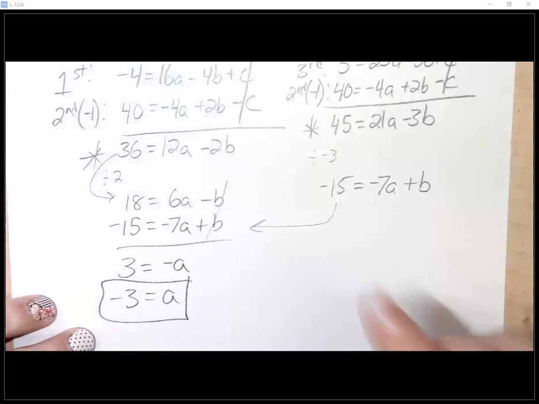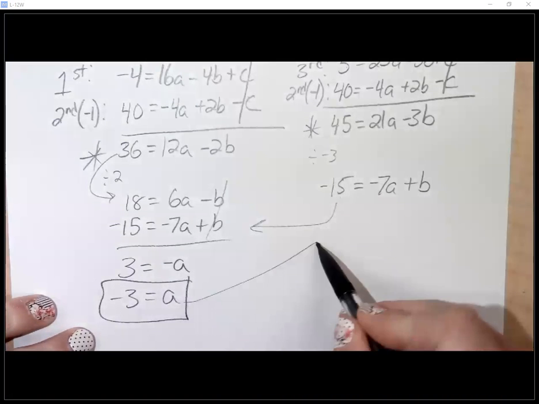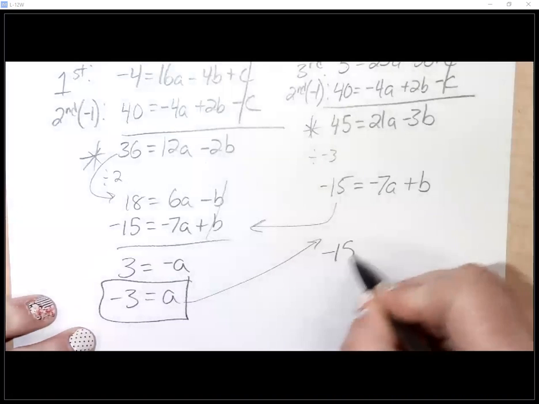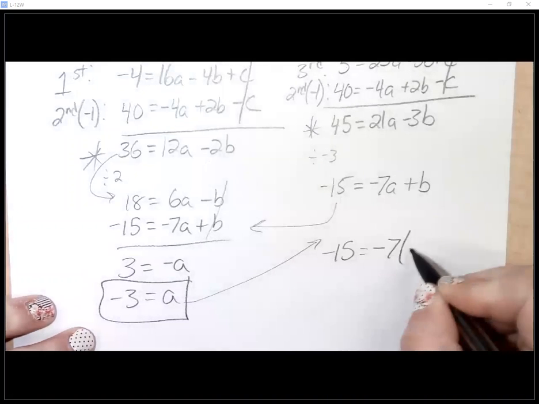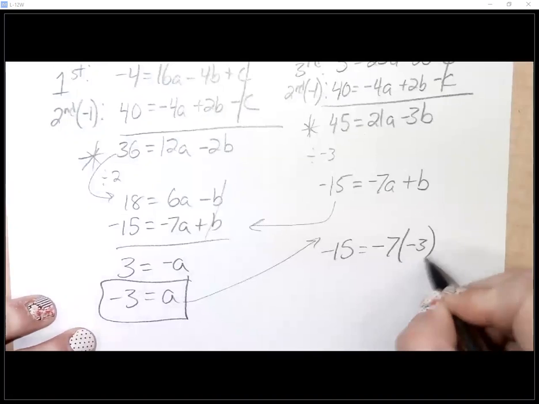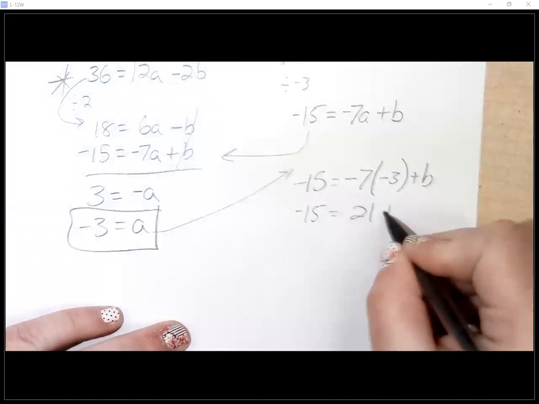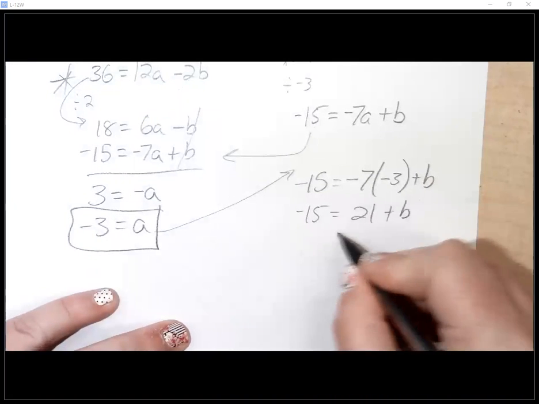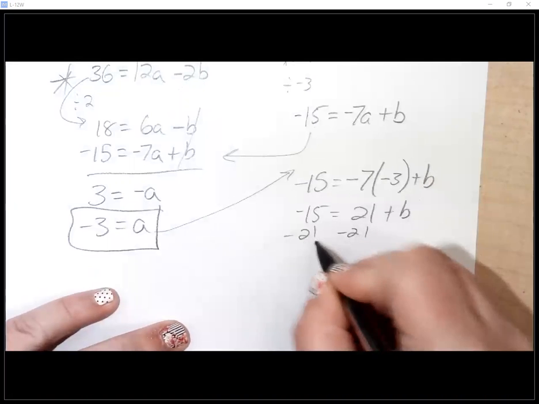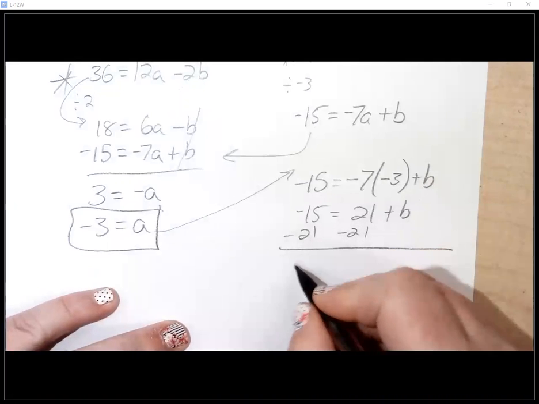So I'll go right back over to this one. I'll do negative 15 equals negative 7 times, now I know a is negative 3, plus b. Let's just figure out what b is. And we got a 21, and I get, what is that, negative 36?